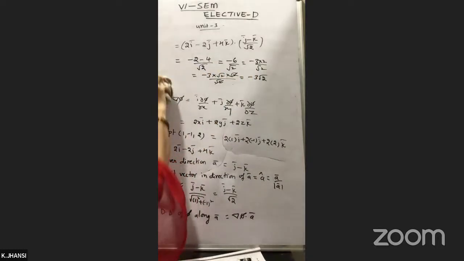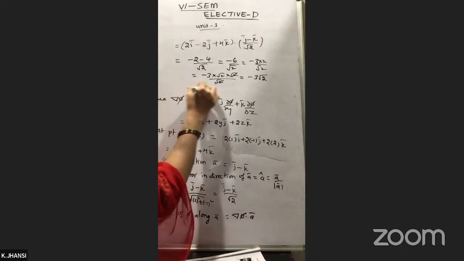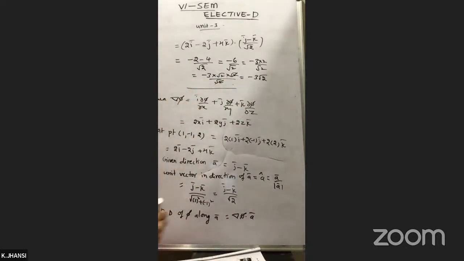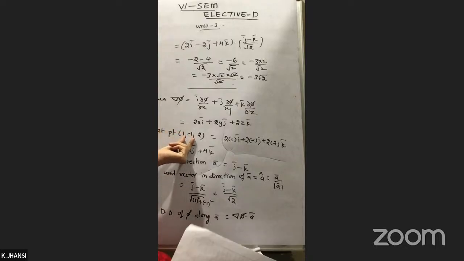If it is not mentioned in the question, you can take the given function as phi. Then write del as i ∂/∂x + j ∂/∂y + k ∂/∂z and substitute the phi value. If you do the partial differentiation, you will get this answer. If any point is given in the question, substitute that point here, and you will get the del f value at that point.